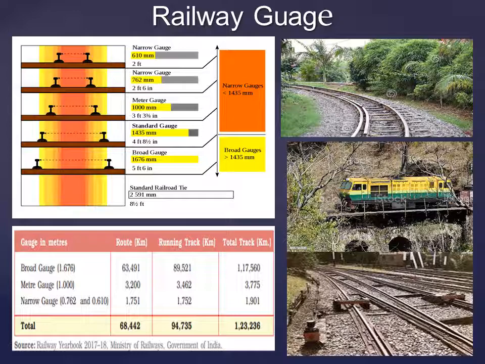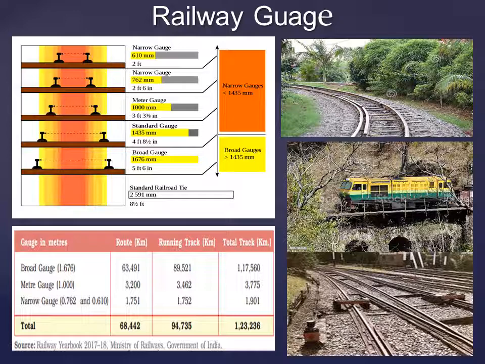Here the difference between the two parallel railway lines is around 3 feet 3.5 inches, otherwise 1000 millimeters.